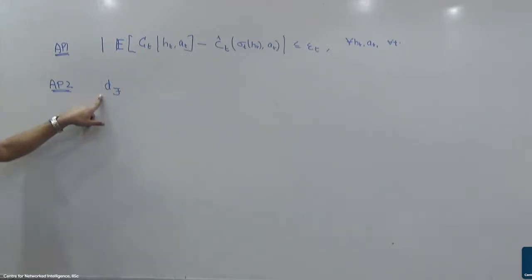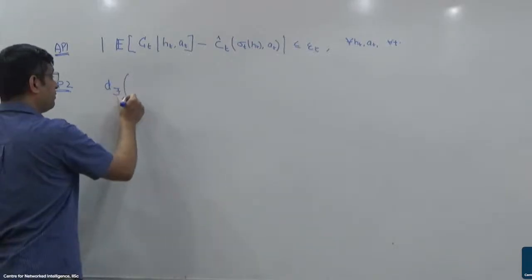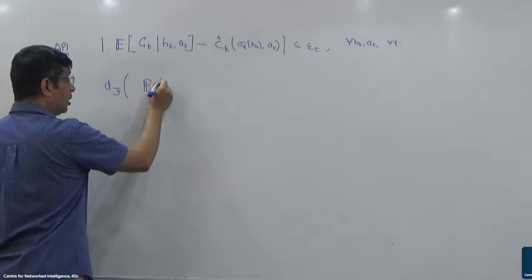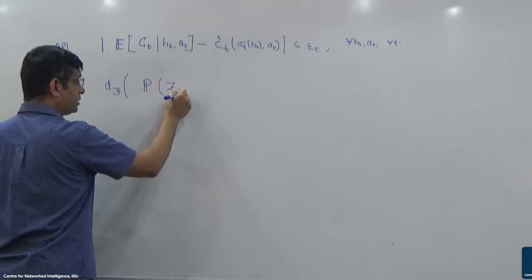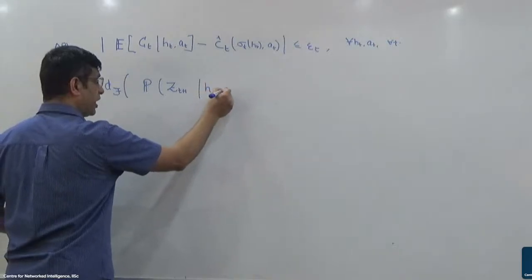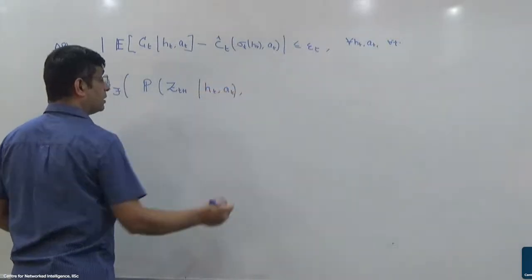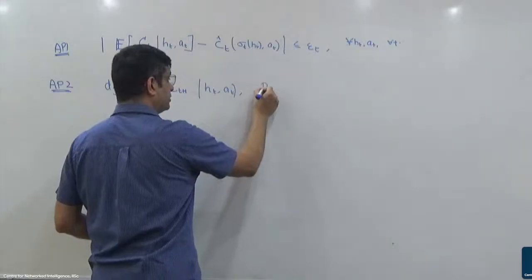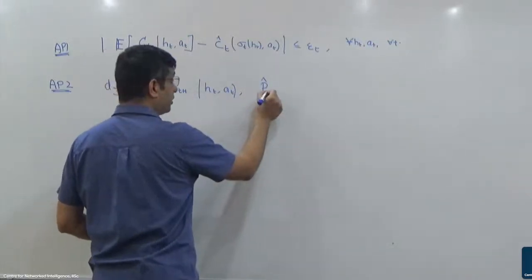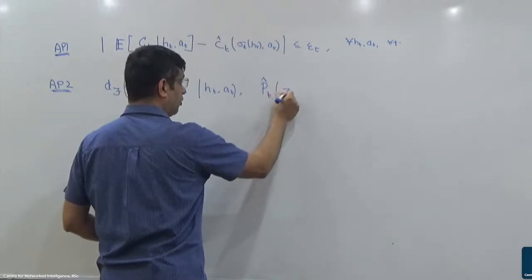So I'll use some IPM, and I'll say the probability distribution of z_{t+1} conditioned on h_t and a_t, and what is the probability distribution at time t of z_{t+1} given sigma t, h_t and a_t, is less than or equal to delta t, again for all histories and actions for all time.